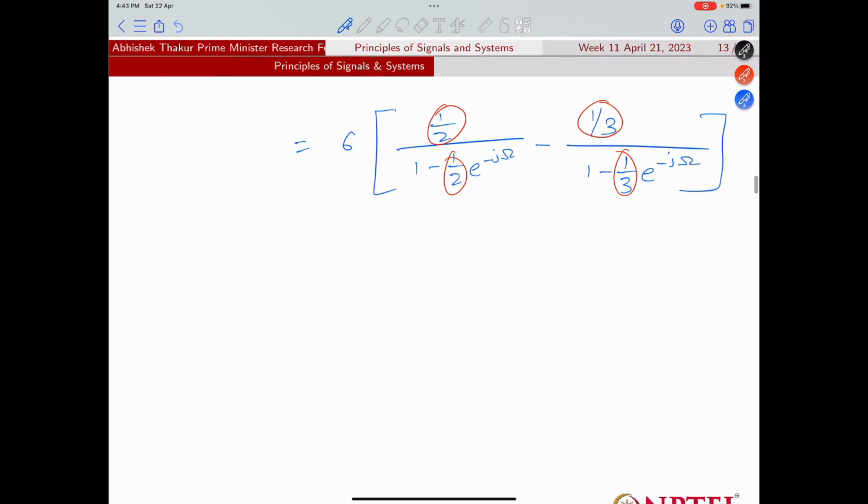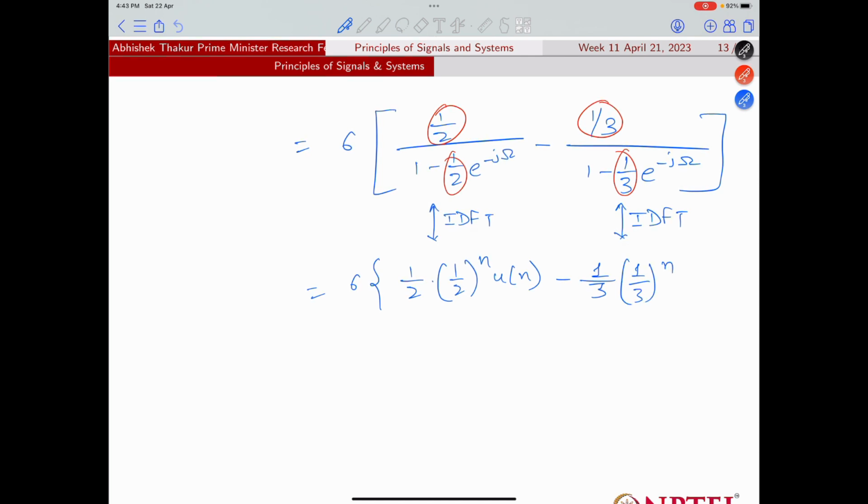So this you can simply write, when you do the IDFT, this will become 6 times (1/2) to the power of n u[n] minus (1/3) to the power of n u[n].